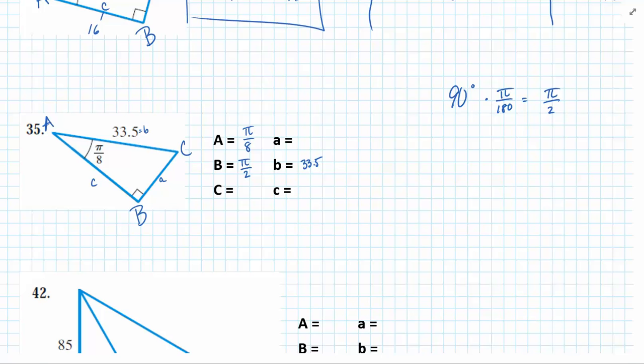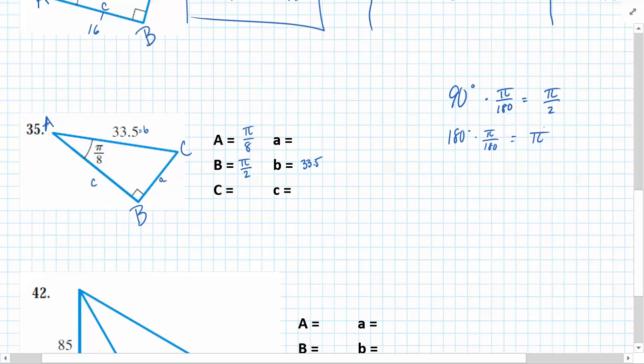Now we can calculate angle C very quickly, because we know that the 3 angle measures have to add up to 180 degrees. But if we're talking about radians, that would be 180 times pi over 180, or in other words, pi radians total.